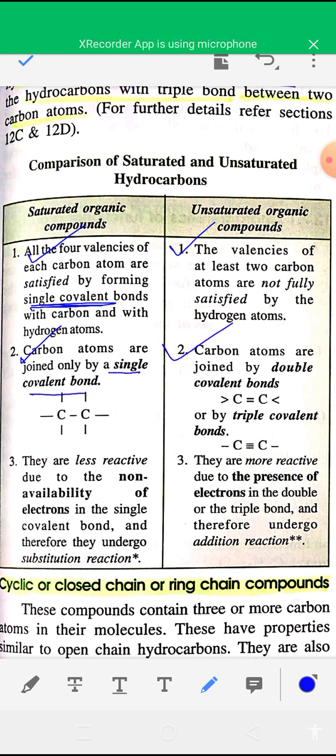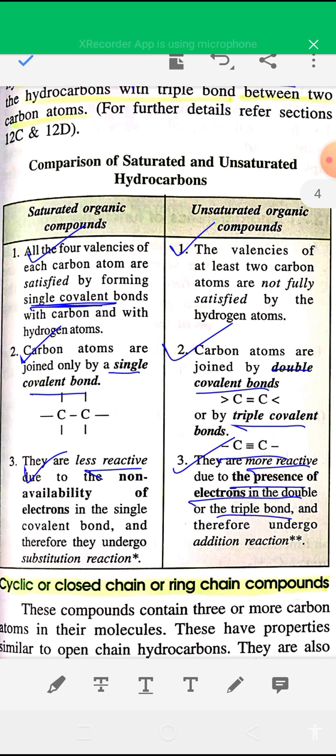In unsaturated hydrocarbon, carbon atoms are joined by double or triple covalent bonds. Saturated hydrocarbons are less reactive due to non-availability of electrons in the single covalent bond. Unsaturated hydrocarbons are more reactive due to the presence of electrons in double or triple bonds. Therefore unsaturated hydrocarbons undergo addition reactions and saturated hydrocarbons undergo substitution reactions.